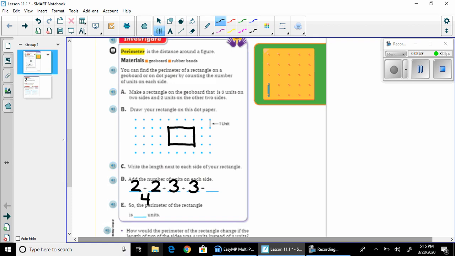So now I have 4 plus 6. I'm going to draw a plus sign in between there. Now I'm going to add up all of my sides. 4 and 6 is 10. So my perimeter all the way around my figure is 10 units long, so I'll fill in that space, and I will fill in the space down below here.